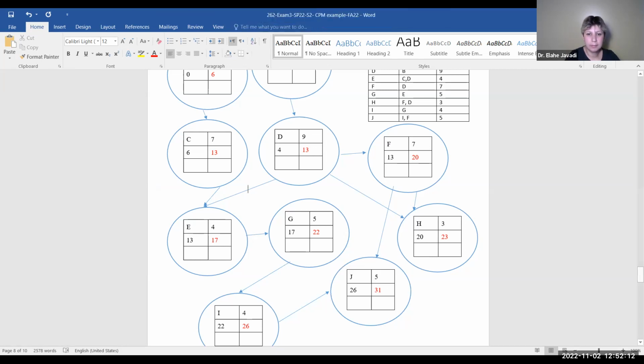Early start, early finish. And we're going to do the opposite one, late finish and late start. We're going to assume that we're going to end the project in 31 days. And remember, that's the minimum number of days you need to complete this project. So that's 31.